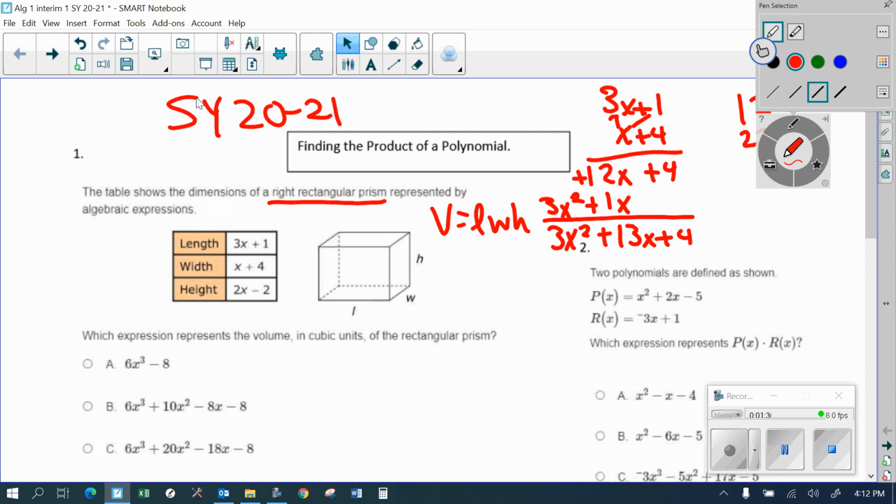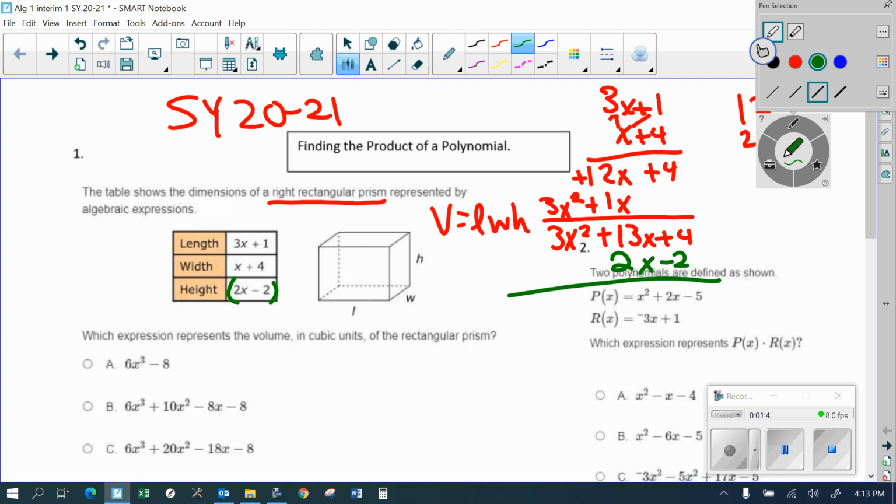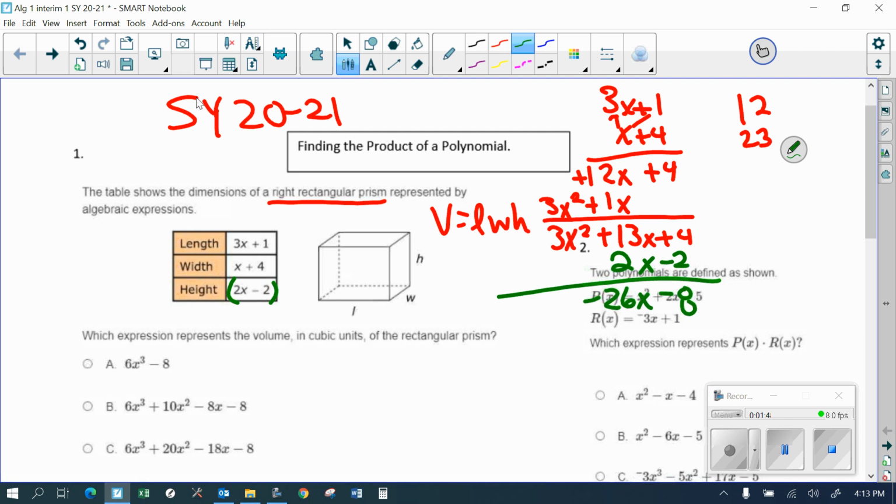Well, now I have to take that answer and multiply by the last one, 2x minus 2. So put the 2x minus 2 here, do the same steps again. That's negative 8. That gives me negative 26x. That gives me negative 6x squared. Then 2x times 4 is positive 8x. Put the sign with it. Plus 26x squared right there, and plus 6x cubed.